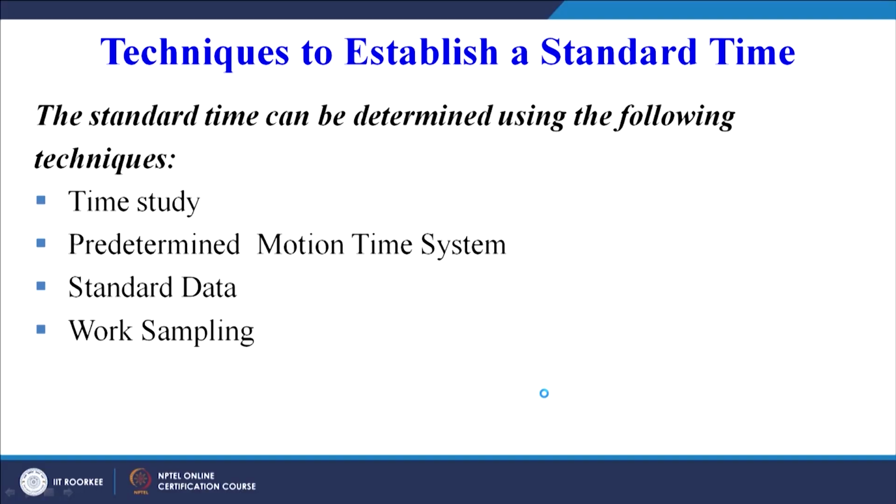Now, we will try to see some examples related to calculation of the standard time. The standard time can be determined using the following techniques: time study, predetermined motion time system, standard data and work sampling. Currently we are trying to set the time standard using the most primitive type of direct measurement.